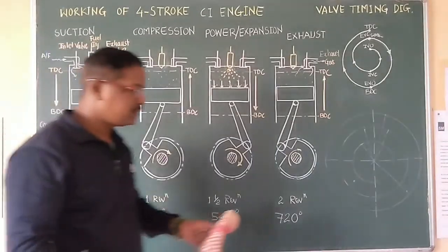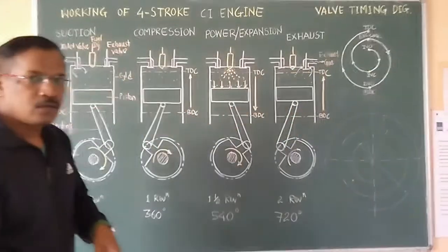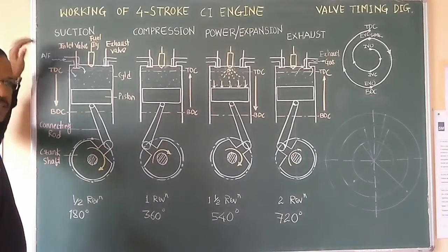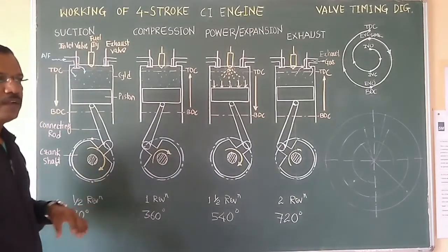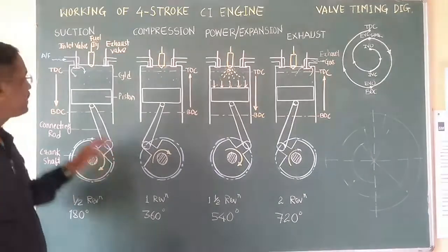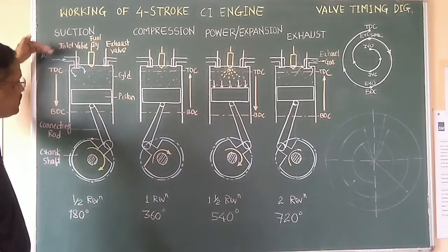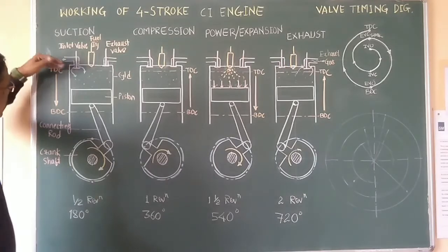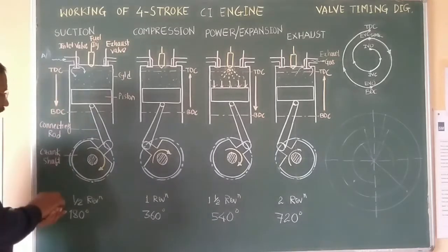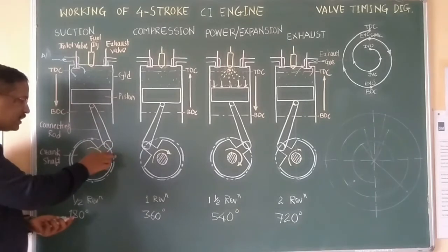Now we will see how it is working. In a CI engine, compression ignition engine, we know that at suction only air is drawn. So our explanation will be: in a CI engine during the suction stroke, the piston is moving from TDC to BDC. That means the crank is at this position and it is moving from TDC to BDC.